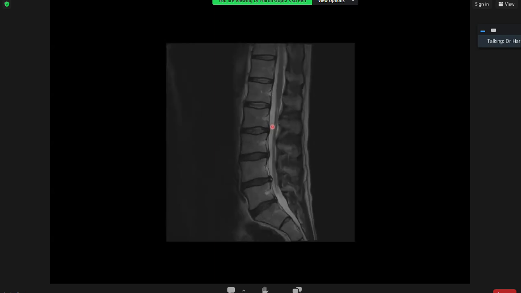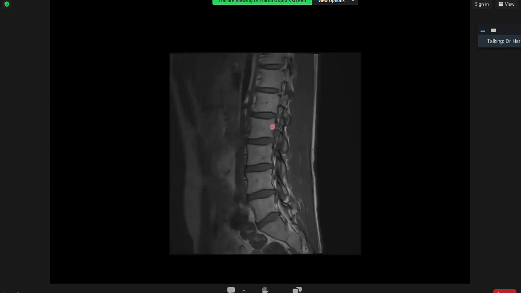And we keep looking, you can see there is extensive disc material extending from the disc into the neural foramina. And as I already mentioned, these patients can present acutely with severe pain symptoms. And the surgeons don't like to treat them, so it's very important to pick them up. Often in our practice, we do pain relief or we do a nerve root injection.